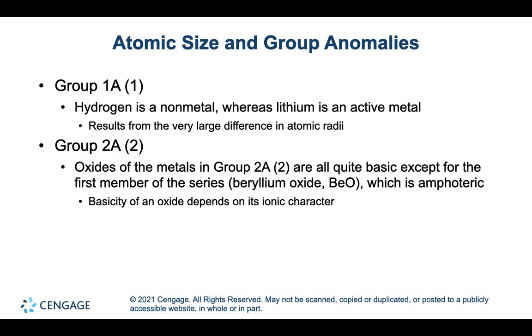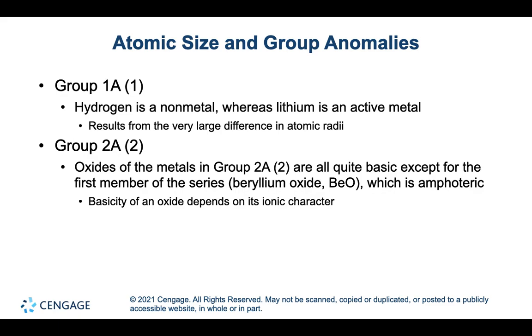And that's mainly because of the very small size of the beryllium atom compared to the magnesium atom below it. Magnesium oxide is definitely basic because when you put magnesium oxide and water together, you get magnesium hydroxide. So beryllium oxide is a little more ambiguous as to what its chemical behavior is going to be. And again, that is because of the atomic size of beryllium compared to magnesium.